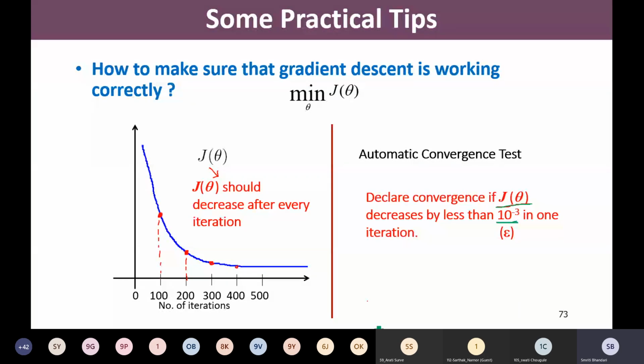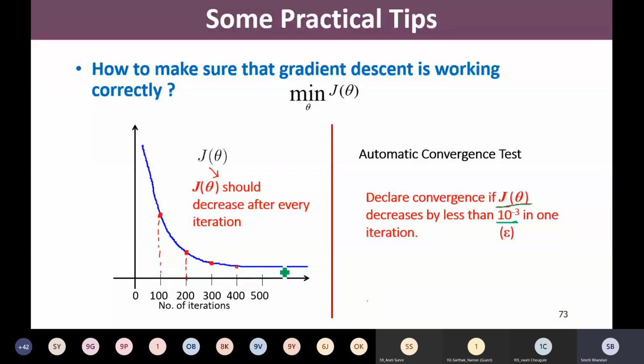Then I am going to declare that my algorithm has converged and stop the gradient descent process. So I declare convergence if my cost function value g of theta decreases by less than epsilon, 10 to the power minus 3, in one iteration.